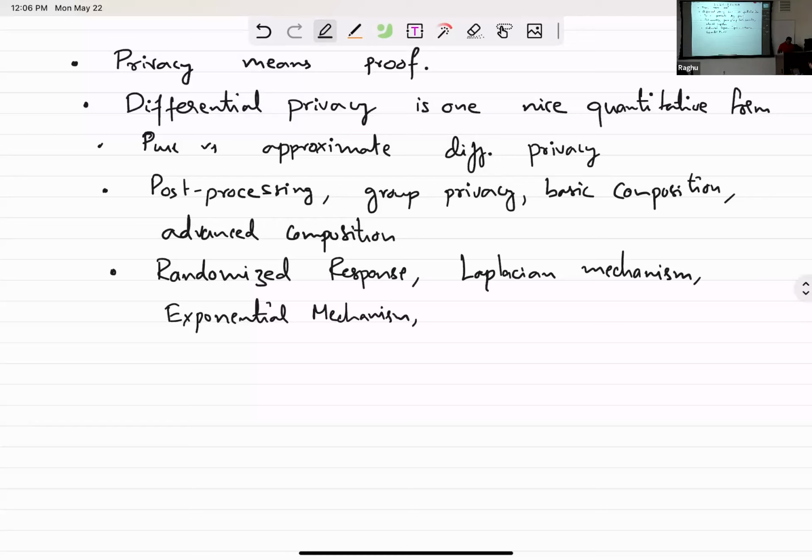We also had the Gaussian mechanism, and differentially private SGD, right? Where you're perturbing the gradient using Gaussian noise. Okay, so these are maybe 5 central methods, and then there are many variants of them. You can combine them in various ways and get various guarantees, okay?